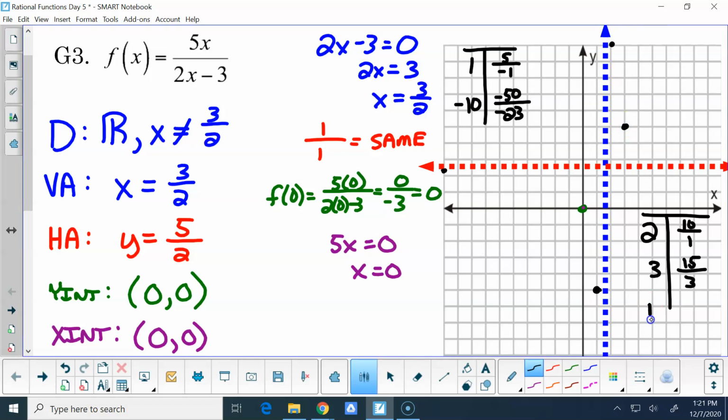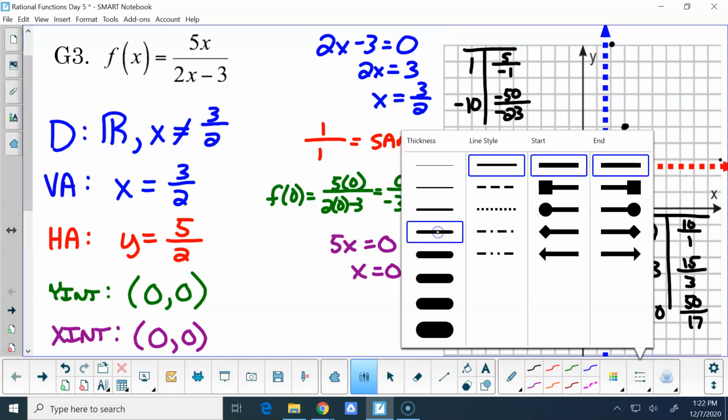And as long as we're doing it, let's do 10. 5 times 10 is 50. 2 times 10 is 20. Minus 3 is 17. 50 divided by 17 is almost 3, like 2.9, actually. Okay? That gives us enough points to draw in our line.